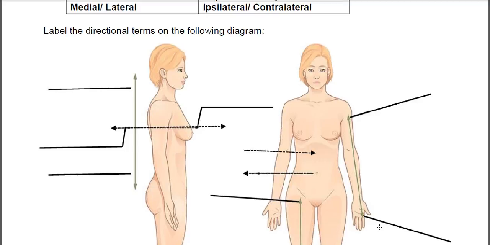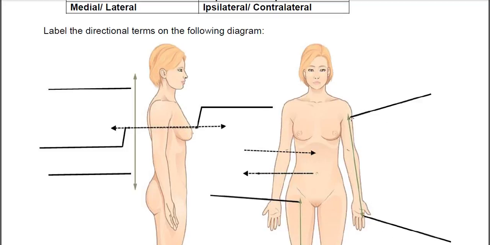Over here, this pair is referring to a limb or an appendage. On a limb or an appendage, we don't use terms like superior or inferior because it's so easy to move an arm or a leg up and down. So instead of that, we use the terms proximal and distal. Proximal is closest to the connection point, so the shoulder or the hip. So this is closer to the connection point than this point.